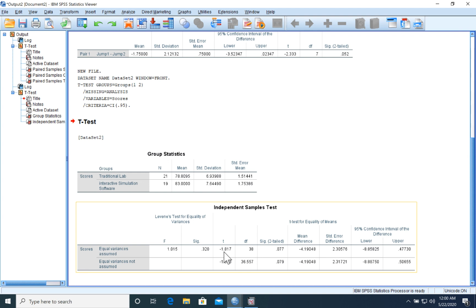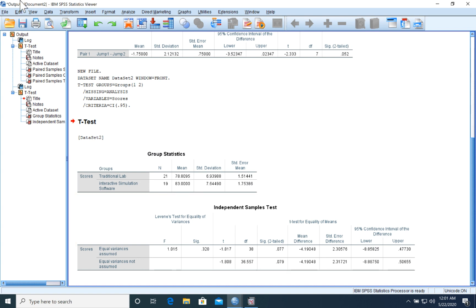That will take us outside of the rejection region. Our decision will be to fail to reject the null hypothesis. And remember, the alternative hypothesis was our claim, so that means there is not enough evidence to support the claim that students learn better with computer simulations over the traditional lab.